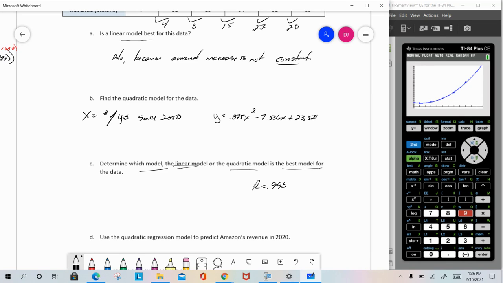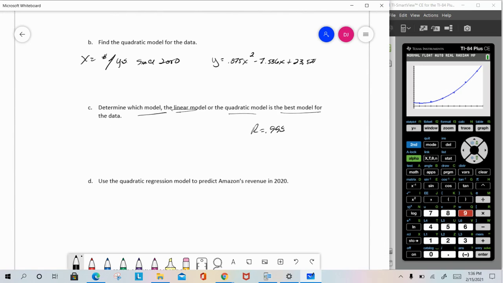every data point. So the last thing here is if I want to use the quadratic regression to predict Amazon's revenue in 2020, instead of calling this Y, I'm going to call this R for revenue. I would need to find R of 20. 0.875 times 20 squared minus 7.536 times 20 plus 23.571.